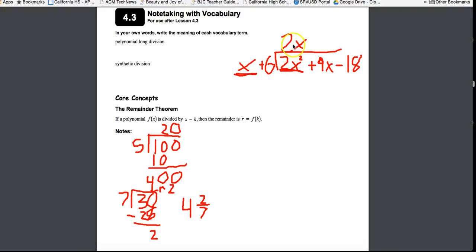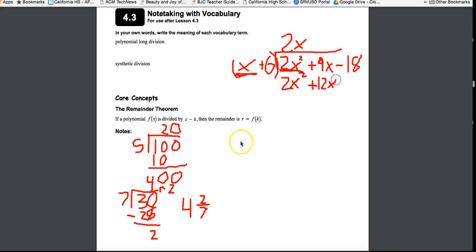Now, our next step is to multiply 2x by this whole term right here, by our divisor. So we get 2x times x. That's going to be 2x squared. And then we're going to multiply 2x times positive 6. So we get positive 12x. Okay?